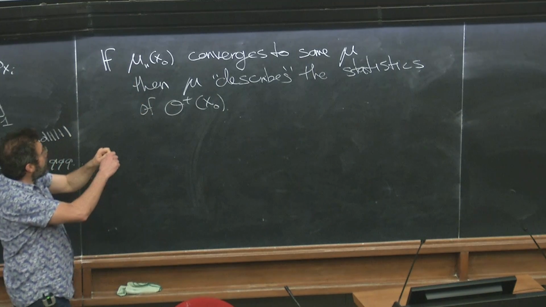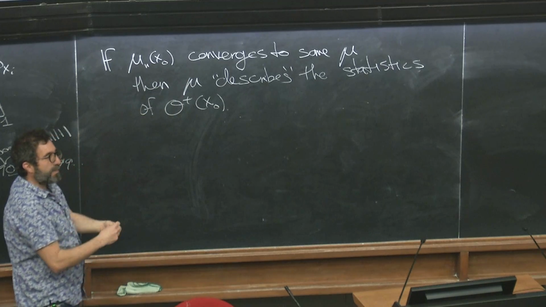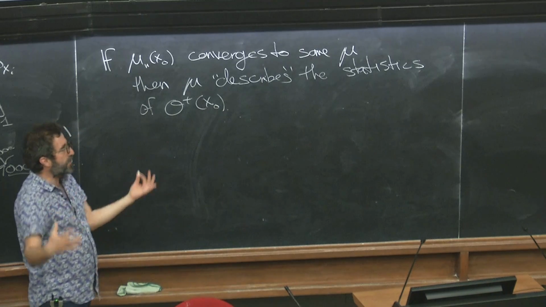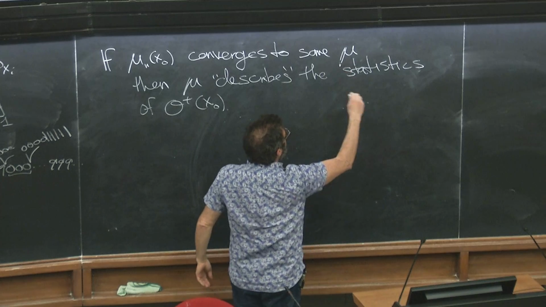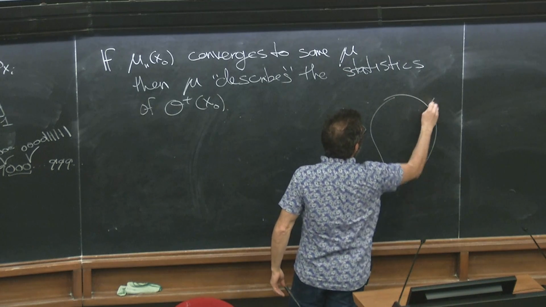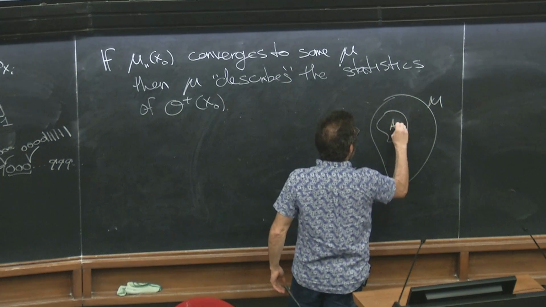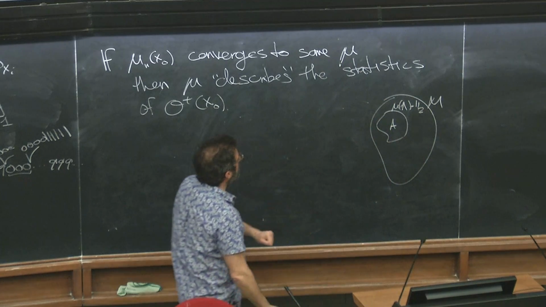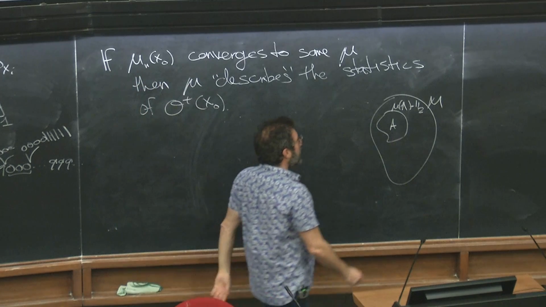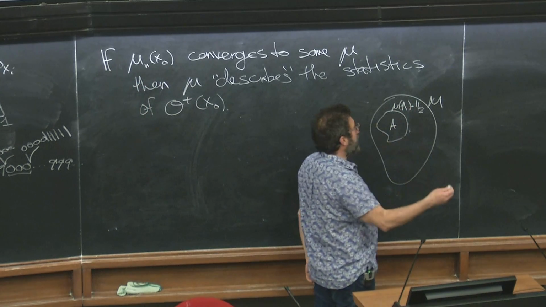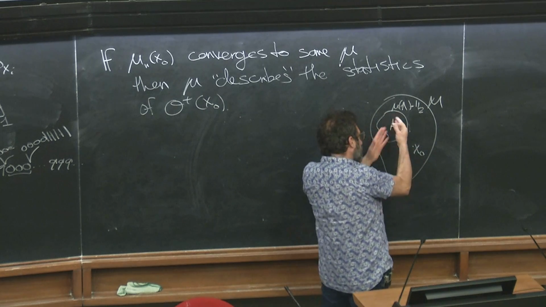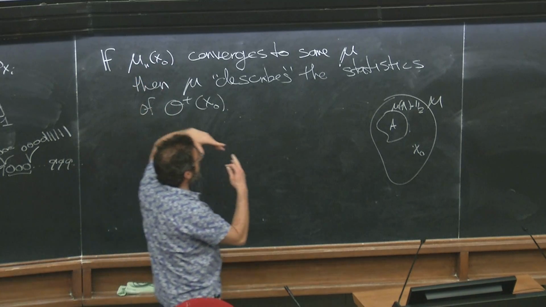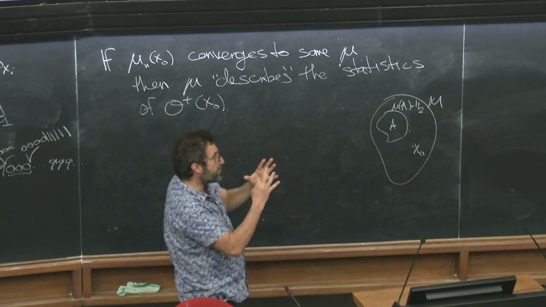So what that means is that this measure tells you exactly where the points live, because it is equally distributed along this finite orbit, and it is very close to mu. If you look at the measure mu on your space, and if a set A has mu of A equals 1/2, then you know that when n is very big, for some initial condition, half of the orbit will be close to the set A, at least, because mu_n x of the set A will be close to mu of A, essentially.